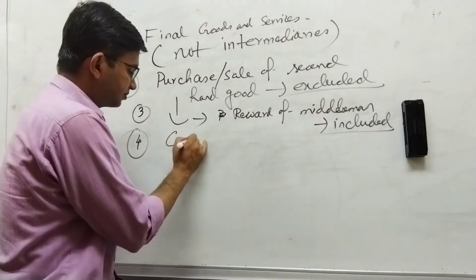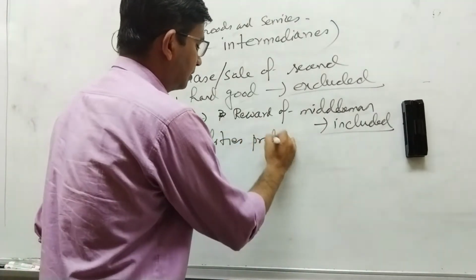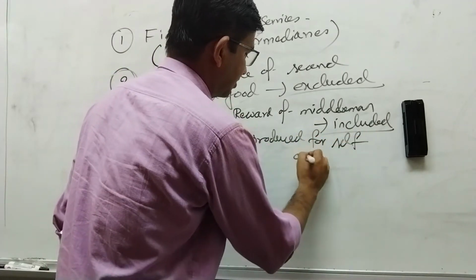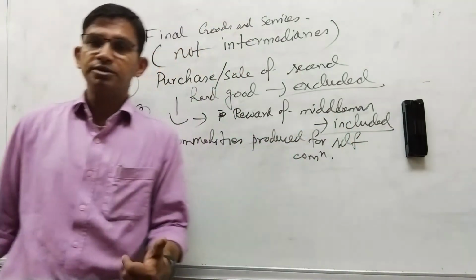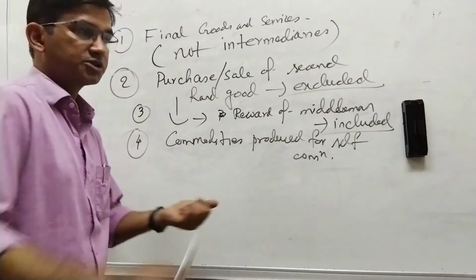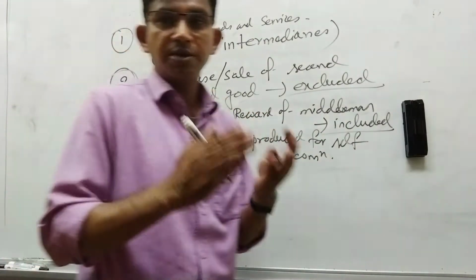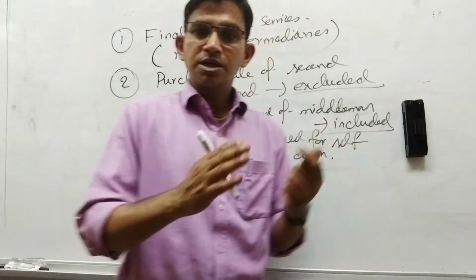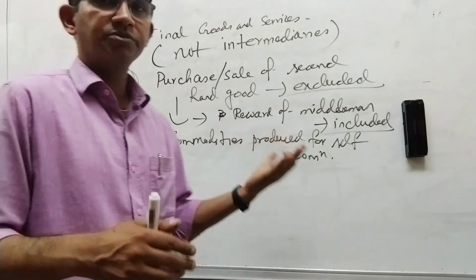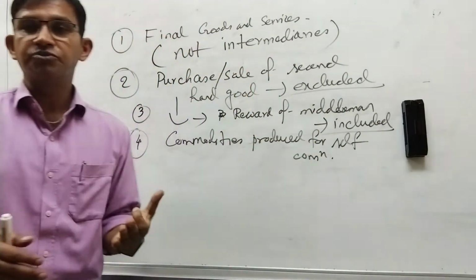So, commodities produced for self consumption. If I grow vegetables for self consumption, though they are not properly marketed, these vegetables have some market value. So whenever we calculate national income, we have to estimate the market value of the vegetables that I have produced for self consumption.